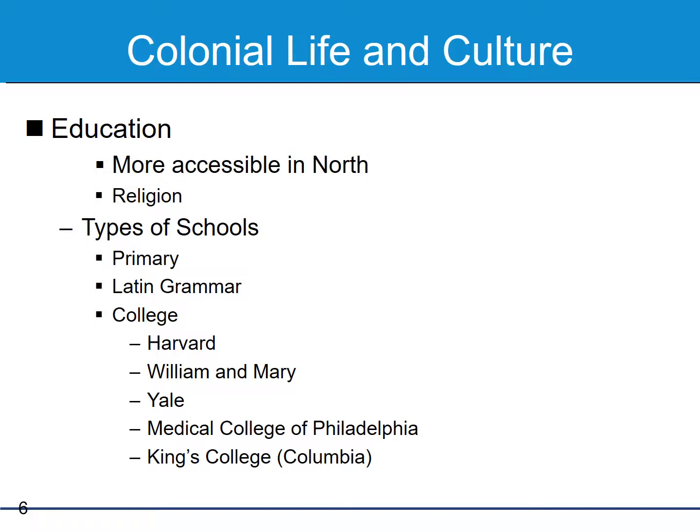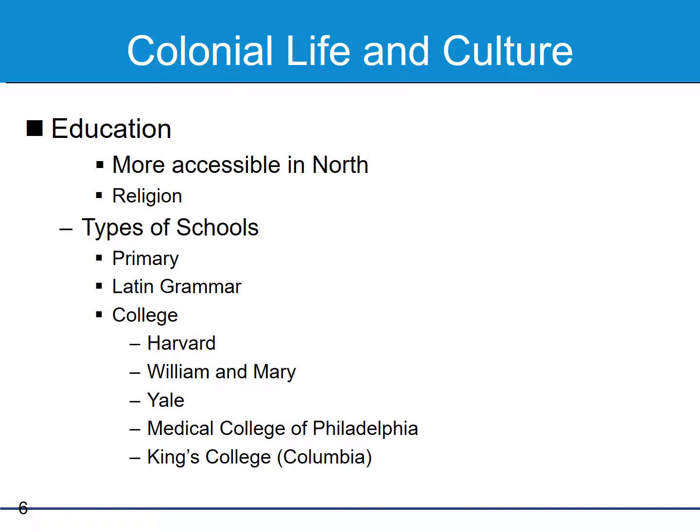And then the second college that was established about 60 years later, in 1693, was William and Mary. William and Mary is in Virginia. A focus of William and Mary in the beginning was to train Anglican ministers, or ministers for the Church of England, because that was the established religion in Virginia.